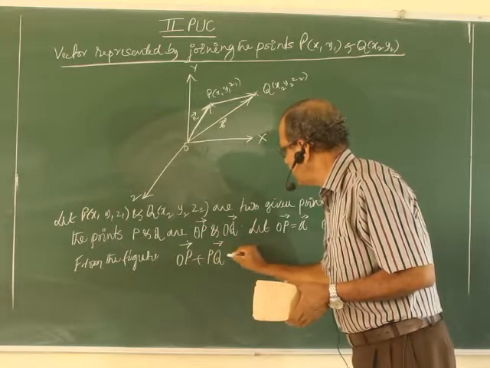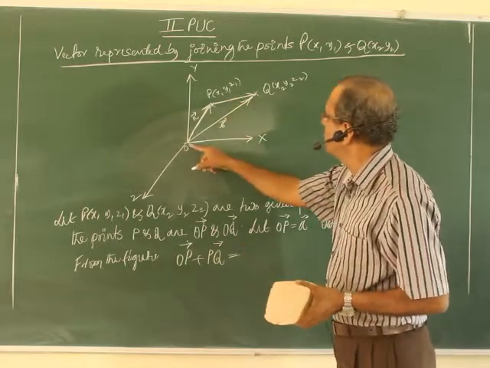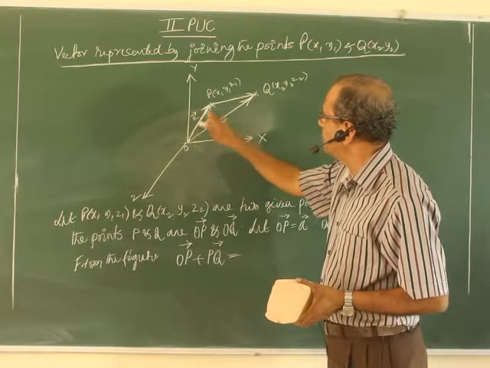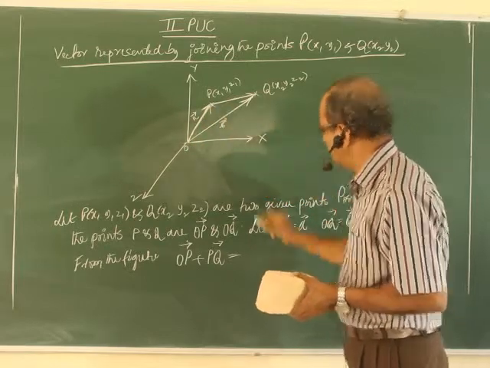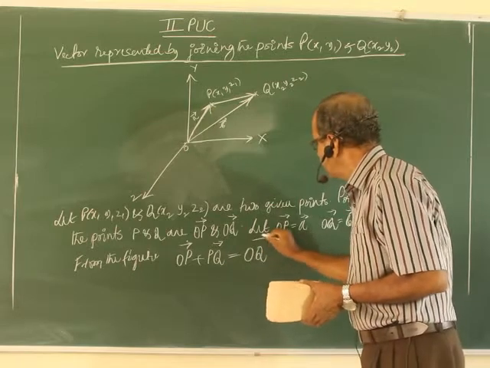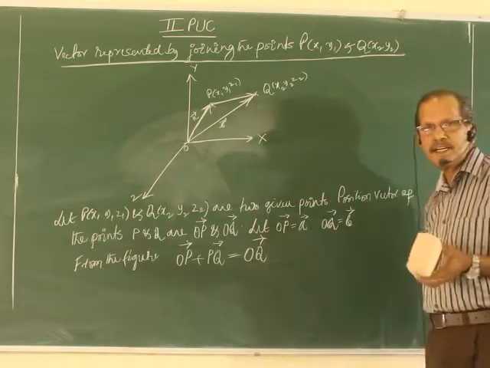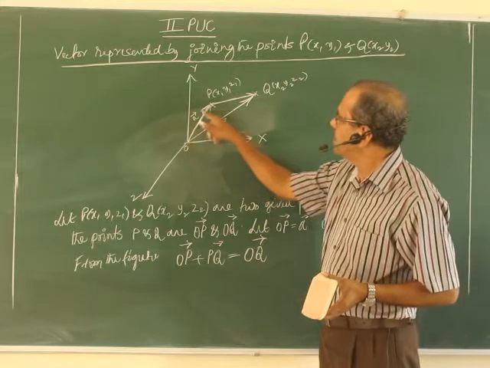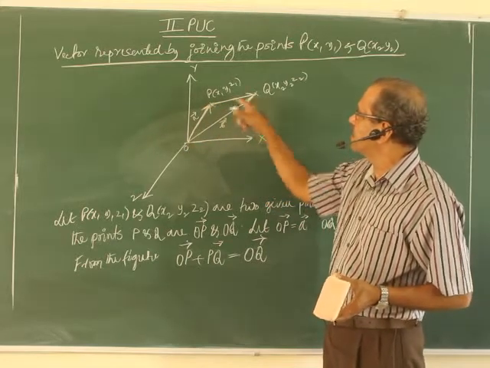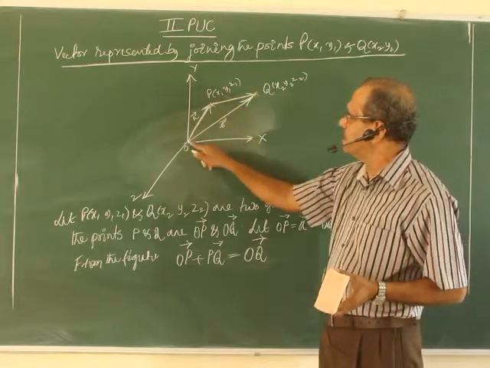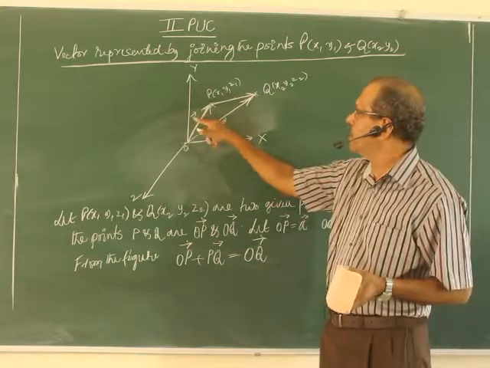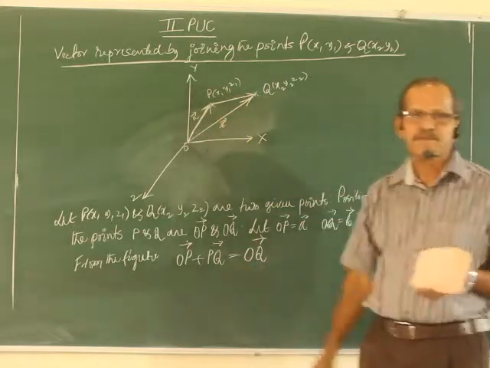So OP plus PQ equals OQ, the vector joining the initial point of the first to the end point of the second, which is called the sum of two vectors. Correct, no? The final end point of the first vector coincides with the initial point of the second vector. Then the vector represented by the initial point of the first and end point of the second is the sum of these two vectors.